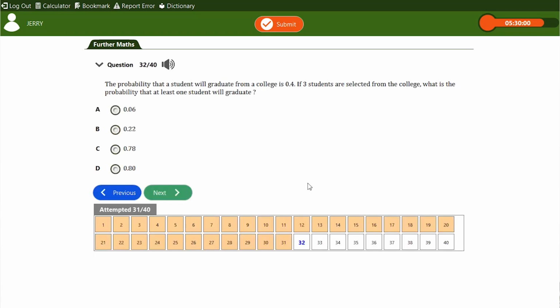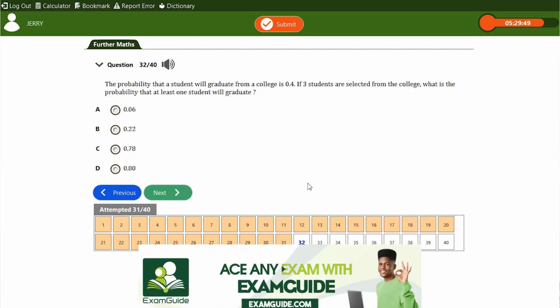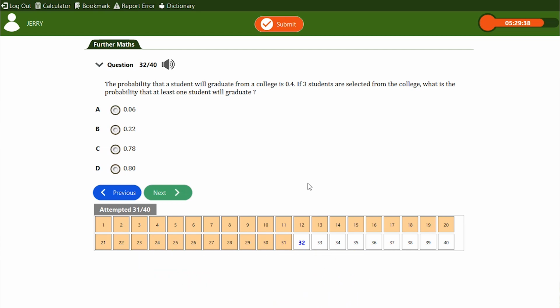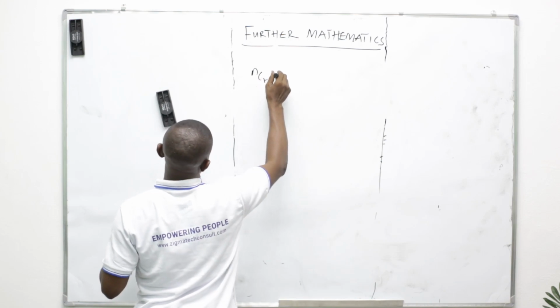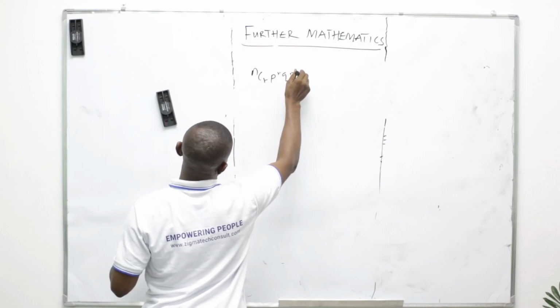Okay, the probability that a student will graduate from a college is 0.4. If 3 students are selected from the college, what is the probability that at least one student will graduate? At least one, meaning from the lowest to the highest. How many are they? There are 3. So what you need in this probability, recall this formula, combination r into p to the power r, q to the power n minus r, okay?